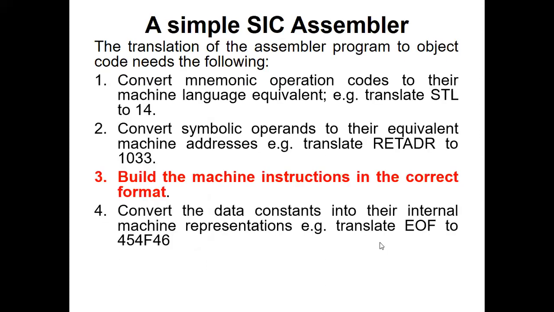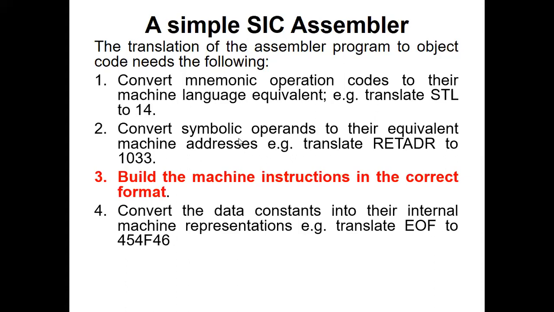If I can repeat, we are saying that to convert an assembly language program for the simple SIC to machine language, you convert the mnemonic to its machine language equivalent, like STL. You read, you find that it is 104.